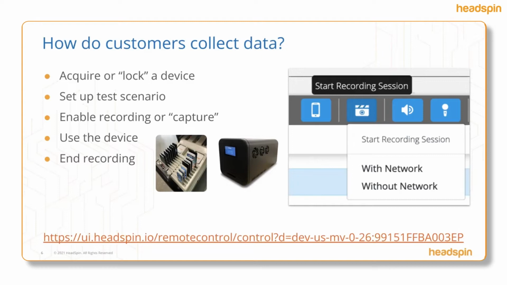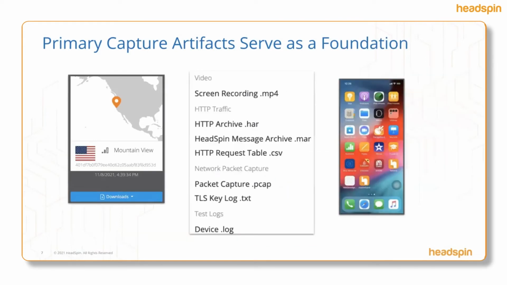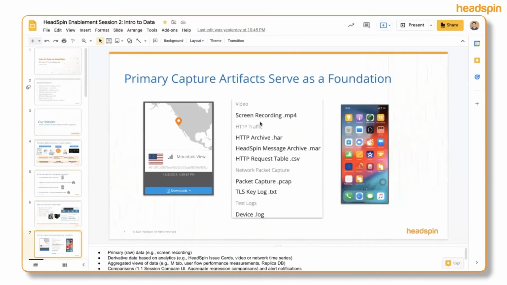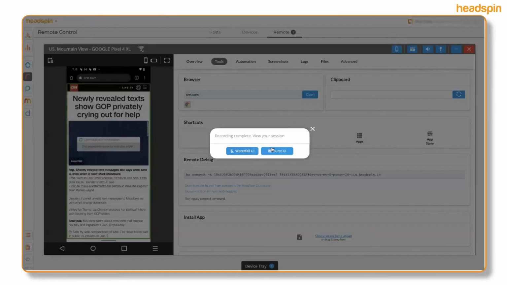And I'm actually interacting with that device from my browser, driving that device and recording all the data streams that we pull for that session and getting really deep insights into what was happening on that particular device. So maybe I'll just show this in the UI here.